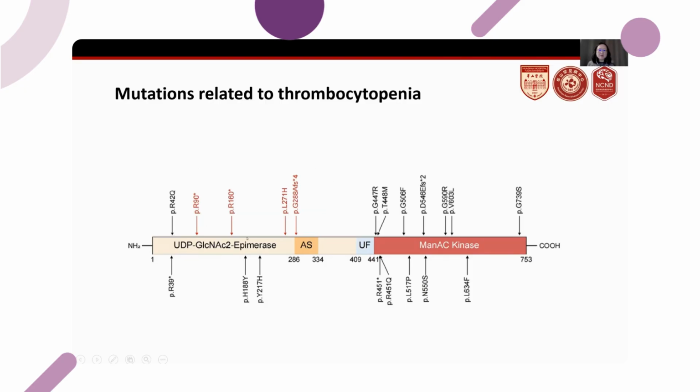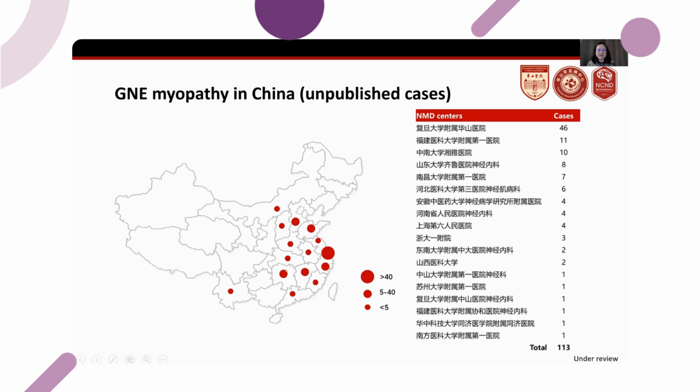But in our 3 cases, besides the DIV mutation, which will cause aberrant splicing here, most of the other mutations all lie in the epimerase domain. So that's very peculiar for these 3 cases.